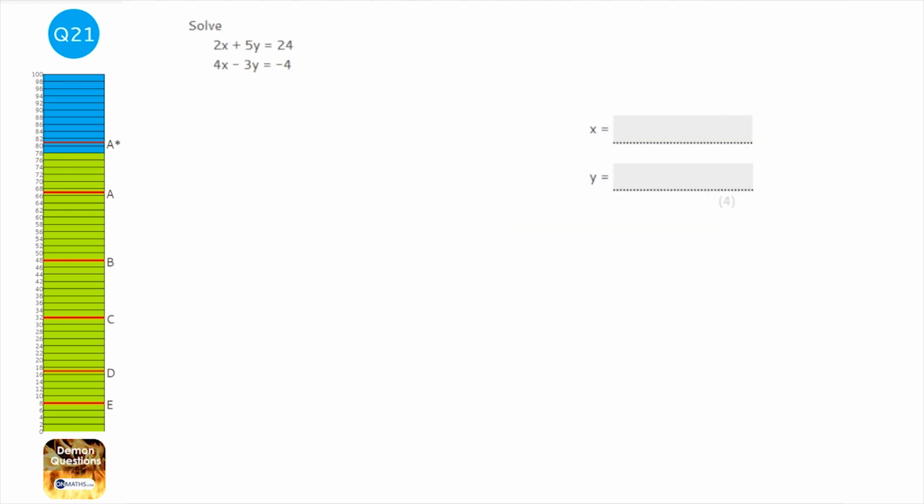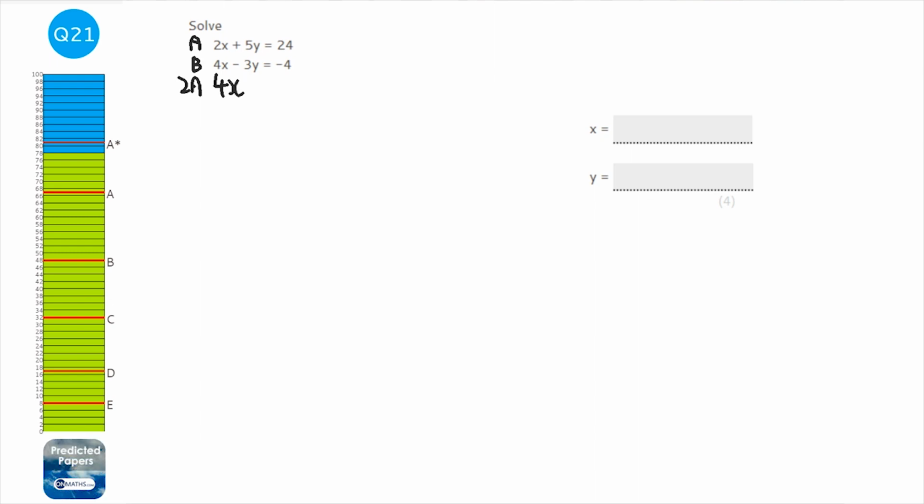Okay, so we're asked to solve these simultaneous equations. You might notice that the coefficients, the numbers before x and y, are different. So what we need to do is make one of them the same. Either the x is the same or the y is the same. So let's call this a and b. Now if I have a look at a, if I do 2a and make that 4x, then it's the same x coefficient as b.